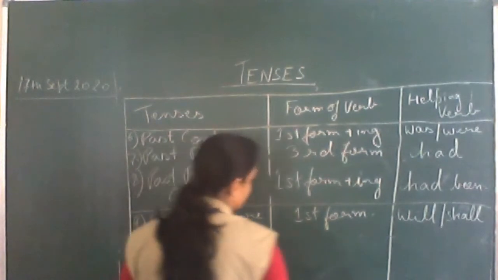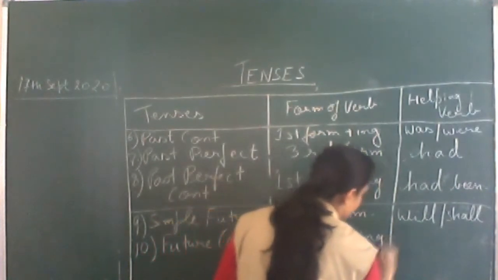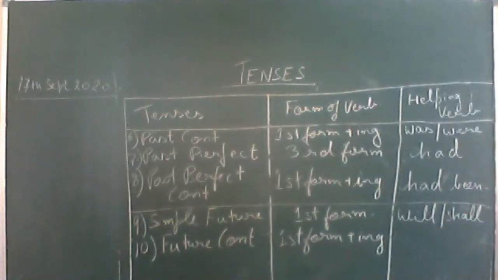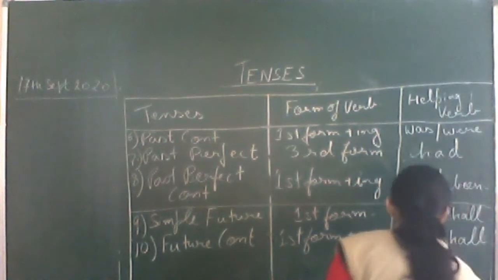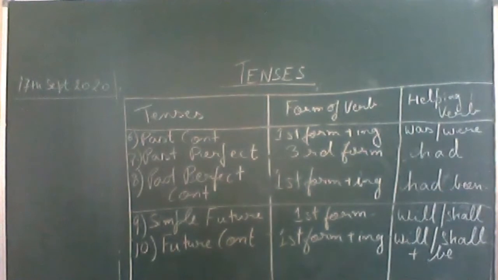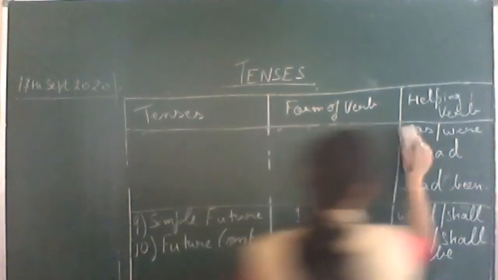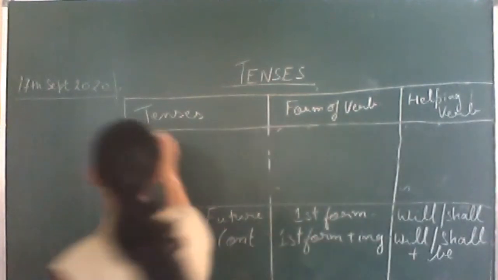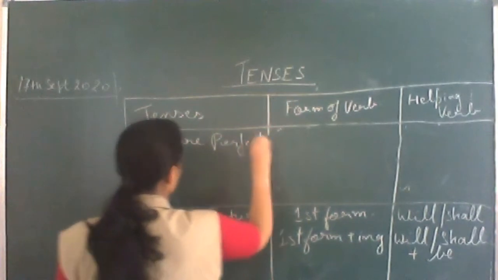In future continuous, we in the same way use first form plus ing, and the helping verb will be will and shall plus be. Now the last one, future perfect.